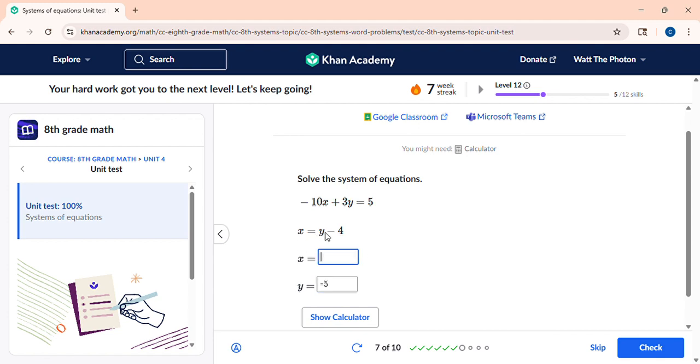So -5 minus 4 is -9. And so that'd be 90 plus -15.